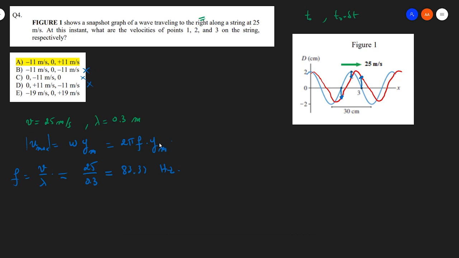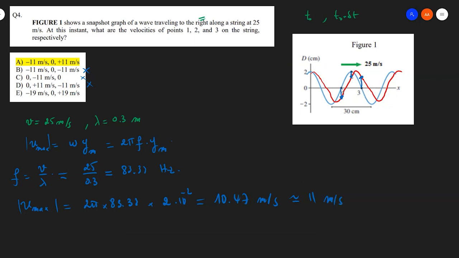Since we have f, we come back to this relation and we get u max is 2 pi multiplied by 83.33 multiplied by y_m. y_m we read from here. It's the maximum displacement. It is 2, and I need to be careful with the unit, 2 centimeters, so 2 times 10 to the minus 2. By doing the math here, I get 10.47, which is approximately 11 meters per second.